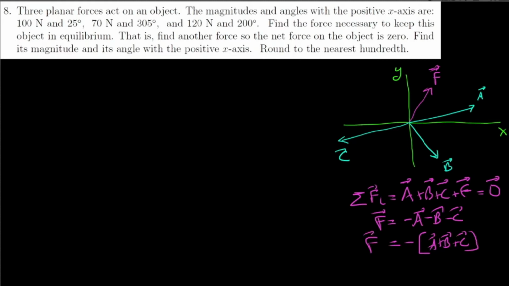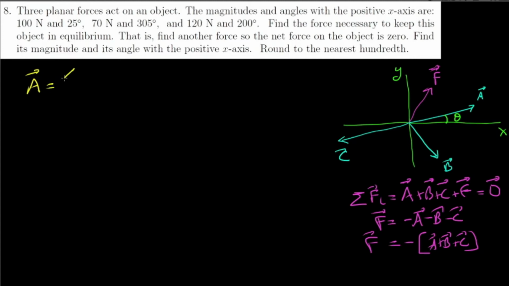How do we get there? Well, I think the easiest way is to find their components. We're very accustomed to adding vectors when we're given their component forms. Unfortunately here we're not. We're given them in terms of their magnitude and their angles. So even though it's kind of a nuisance, I think we have to rewrite these in terms of their components.